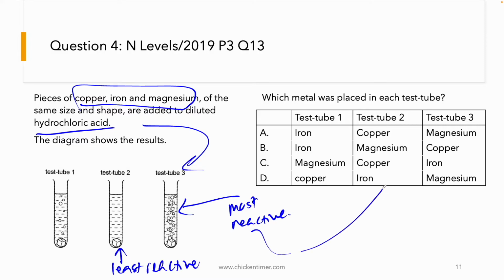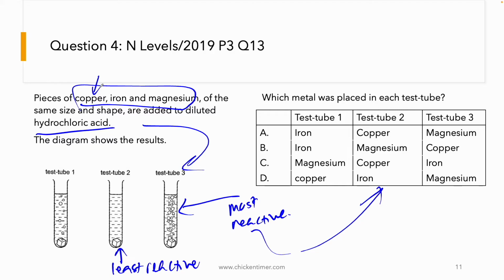We take this observation and go to the table. We are supposed to figure out which option is correct based on our knowledge of the reactivity of the metals, and the observations must coincide with that knowledge. We have copper, iron and magnesium. Based on the reactivity series, copper is the least reactive, and if you don't know, please refer to your reactivity series.